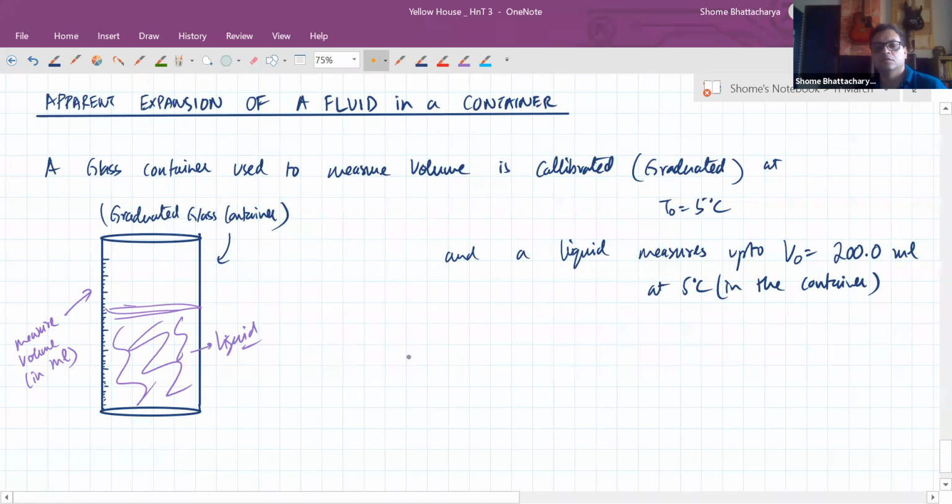Okay. Now, the alpha of glass is 2 into 10 raised power minus 5 per degree C, suppose.